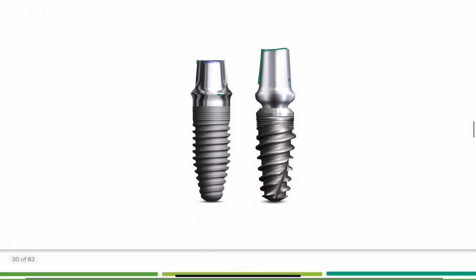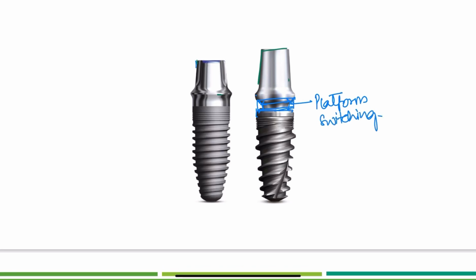So we see this is the connection part. In platform switching, at the connection part, the diameter of the abutment is less than the connection. This is the diameter of the connection and this is the diameter of the abutment. So it is less in the case of platform switching.